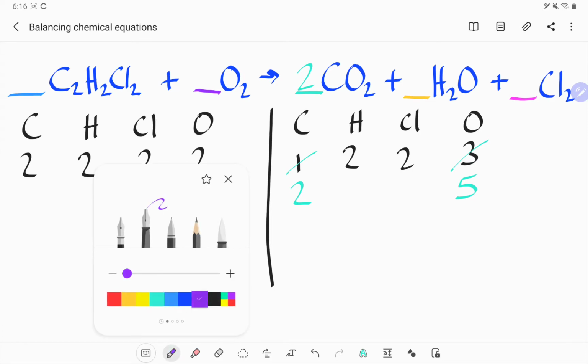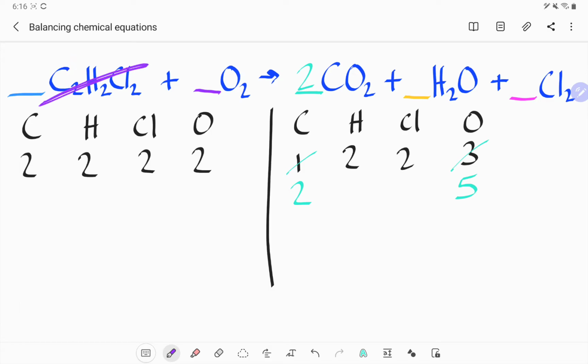I'm going to notice right away that this has nothing to do with oxygen, so I'm not going to add a number right here. But I need to add a number right here. And I need to decide what number goes there. What number goes there? So I'm asking myself, what times 2 equals 5?